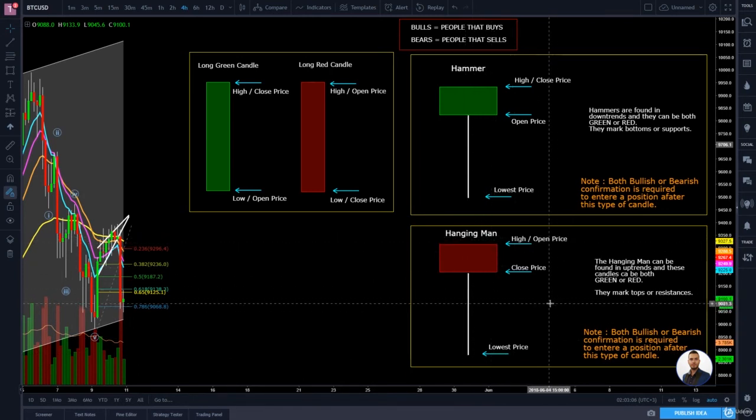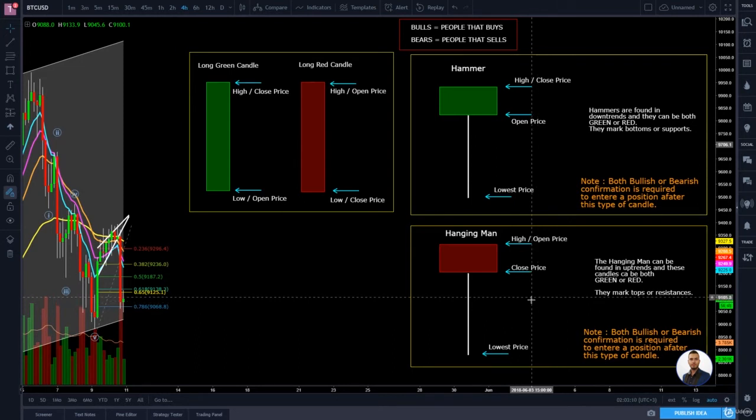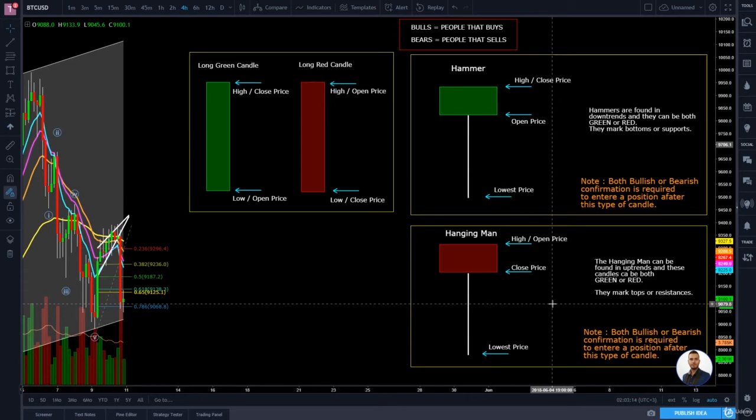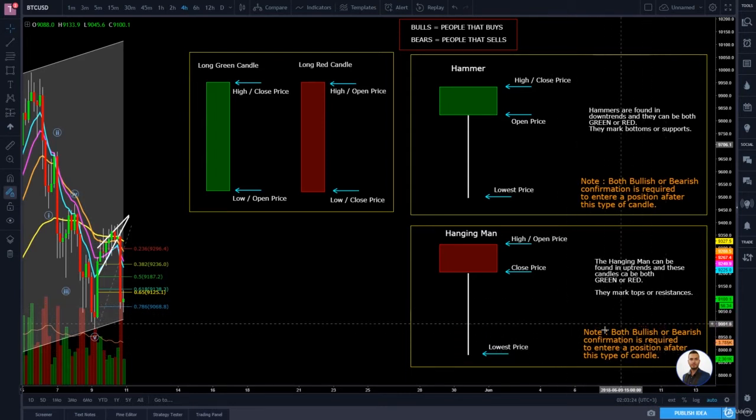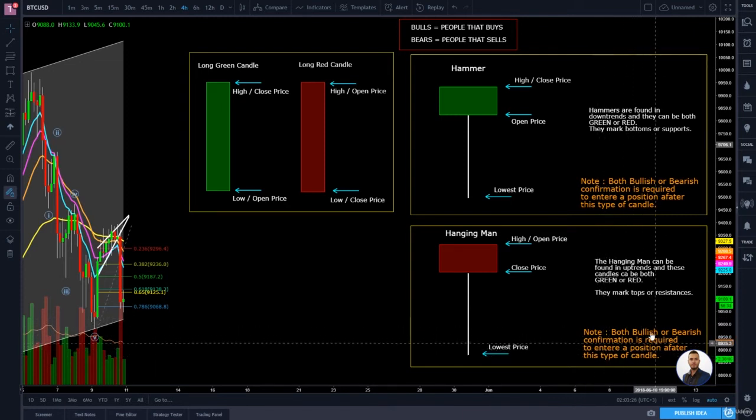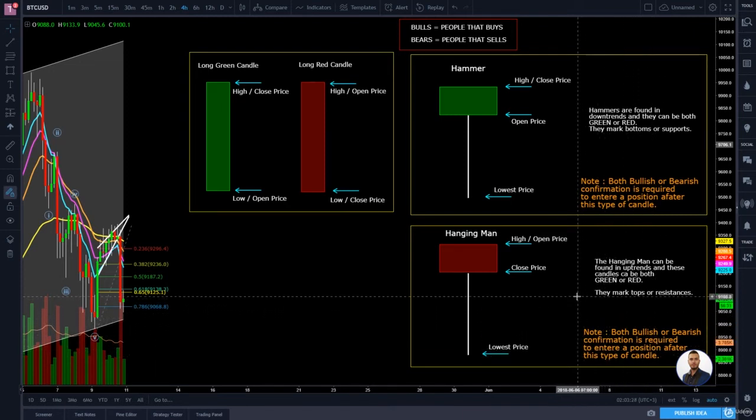The hanging man is a bearish reversal pattern and can also mark a trend reversal or a future resistance. Forming after an uptrend, a hanging man candle signals that the selling pressure is increasing. As with the hammer, the hanging man requires further bearish confirmation before entering a sell position. Such confirmation can come as a long red candle with high volume.